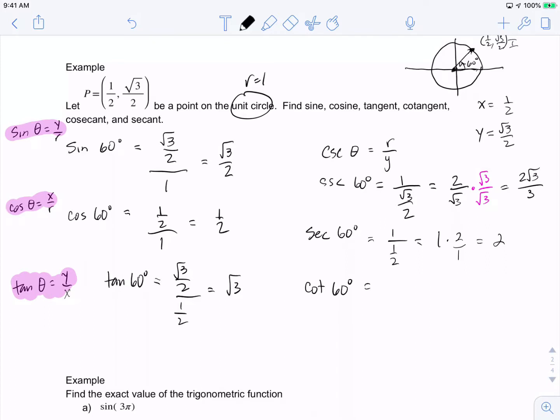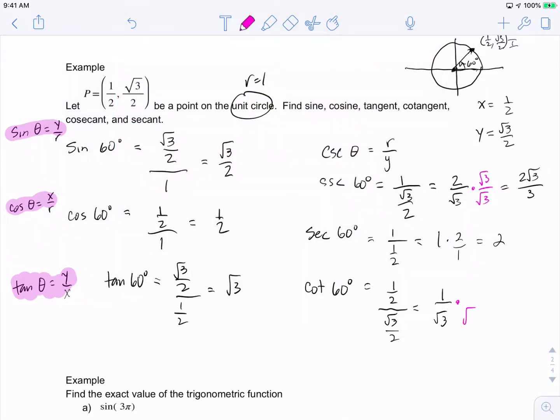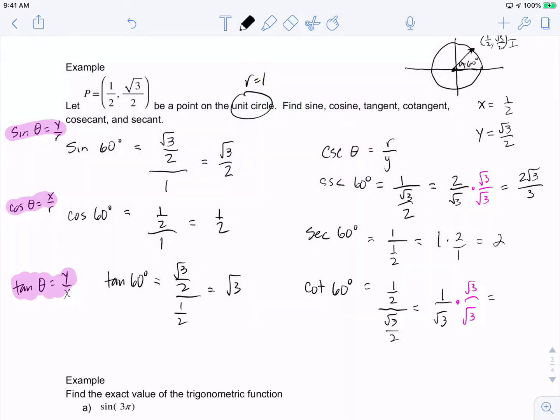So instead of y over x, it's going to be x over y. So that's going to be the 1/2 over radical 3 over 2, which is going to clean up to be 1 over radical 3. And again, we do not leave radicals in the denominator, so we're going to multiply top and bottom by radical 3. So we're going to get radical 3 over 3.